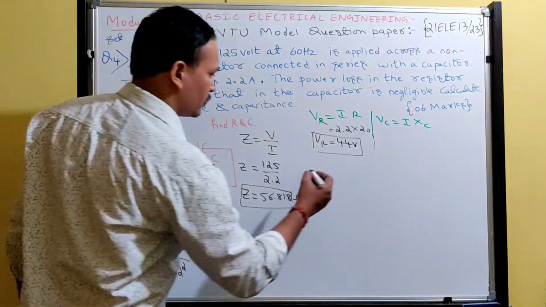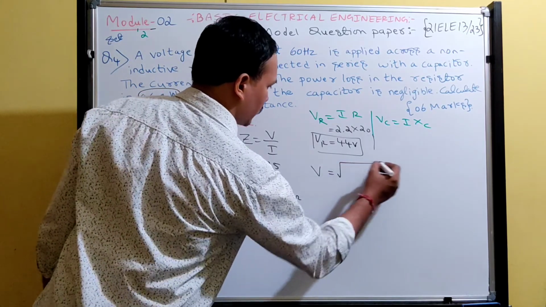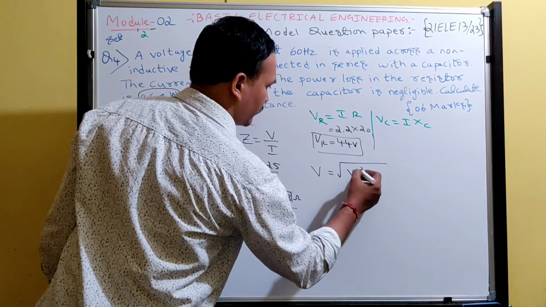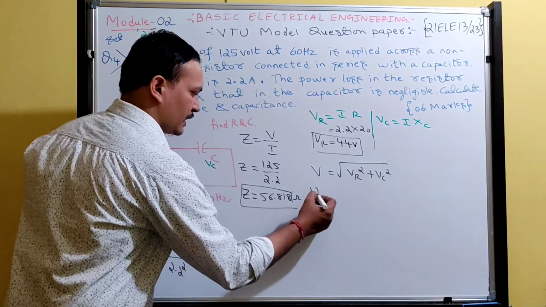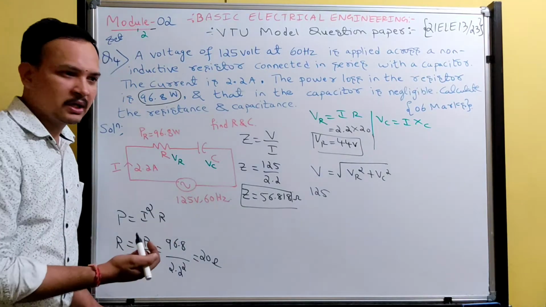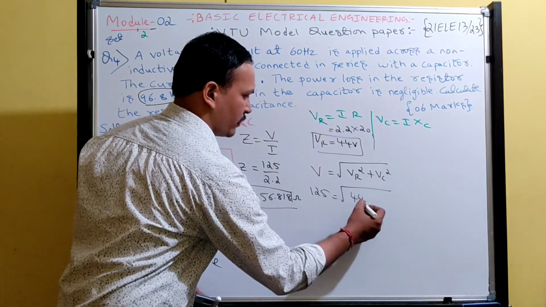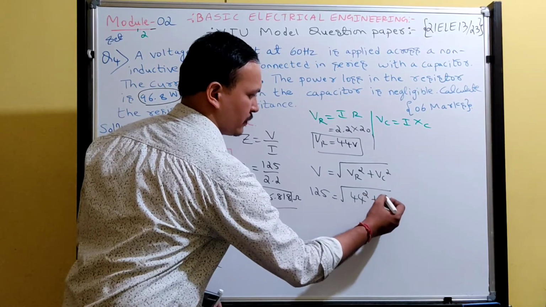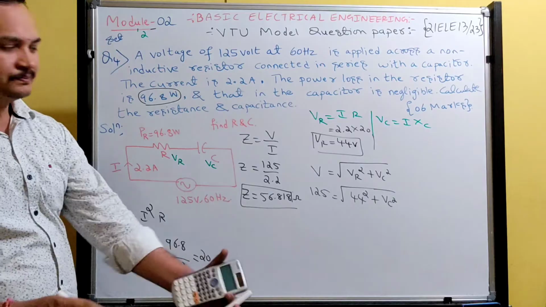Got it? So we can write the voltage across the circuit equals the square root of V_R squared plus V_C squared. The voltage connected to the circuit is 125 volts, the voltage across the resistor is 44 volts, that is 44 squared, and I don't know the voltage across the capacitor.